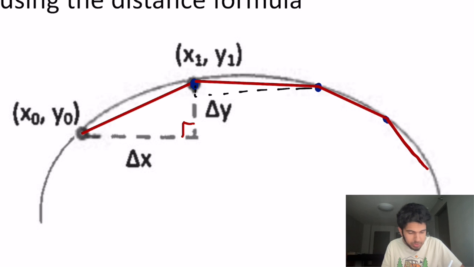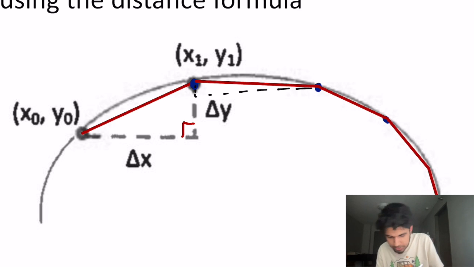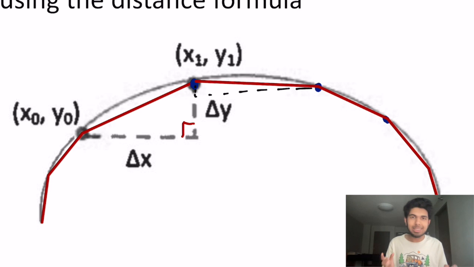And we keep on doing this until we get to the end of the curve in both directions. You can see that if we sum up these red lines here, we'll get a value that's pretty close to the length of the actual curve, which is good. So we're going to use that to our advantage here.